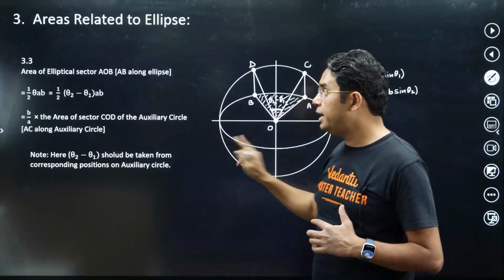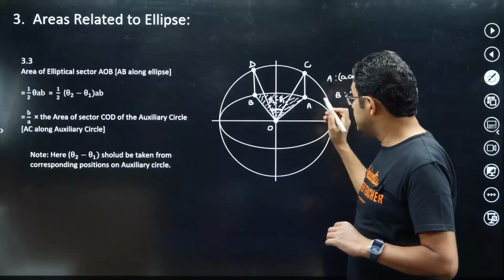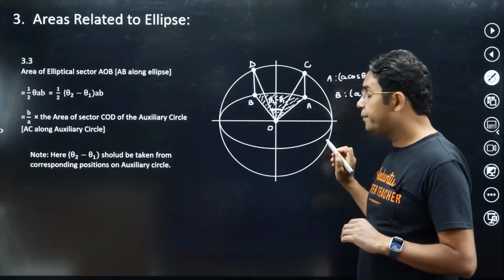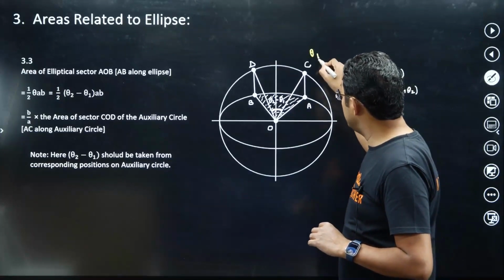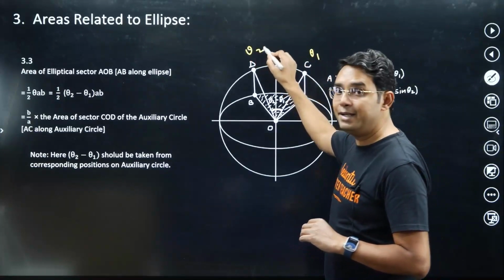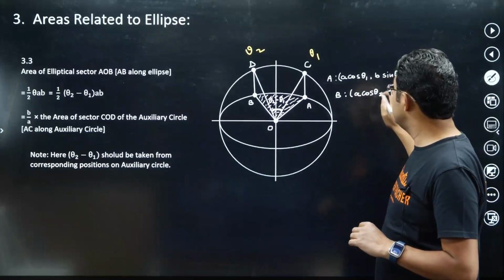So half theta into AB will be the area once again, but theta this time will be theta 2 minus theta 1, where theta 1 and theta 2 are the angles corresponding to C and D. C and D, you can see from this A and B, the differences.